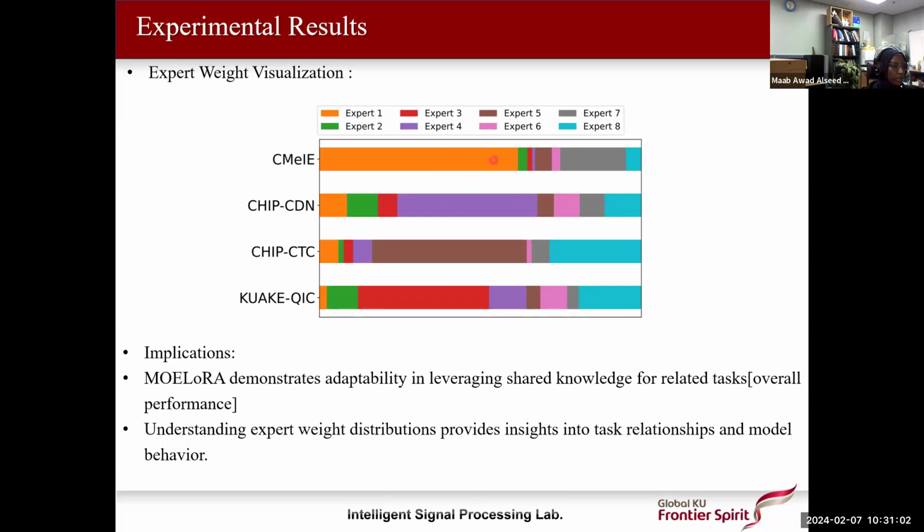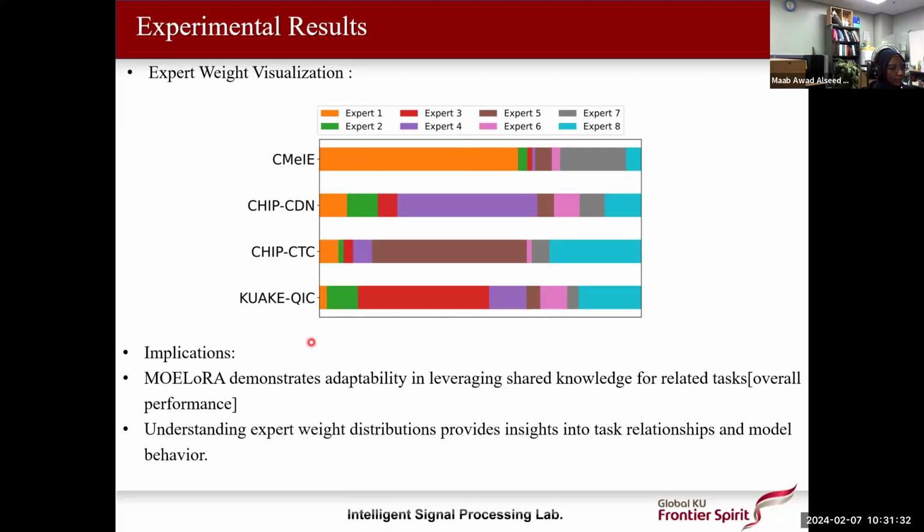We can see there's a significant variation in contribution from each expert for each task. This could show how each task has a unique set of parameters defined for it.